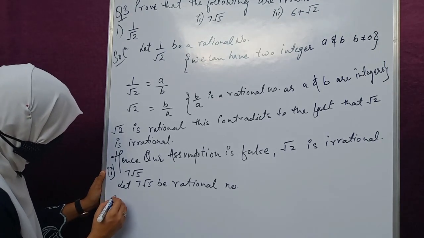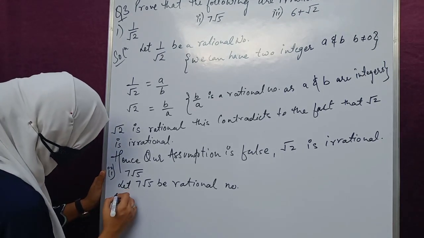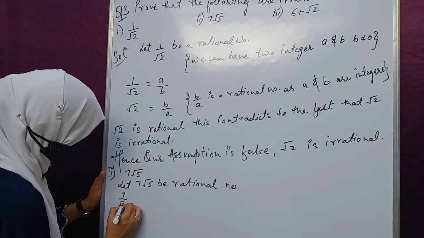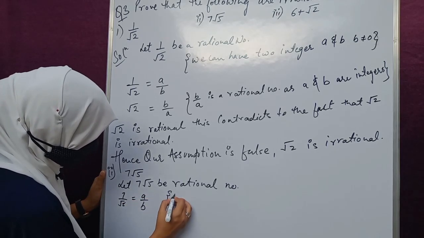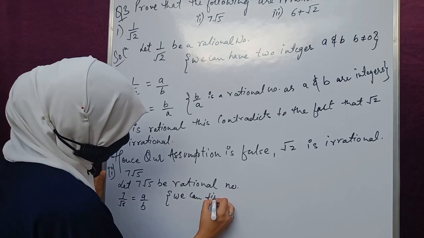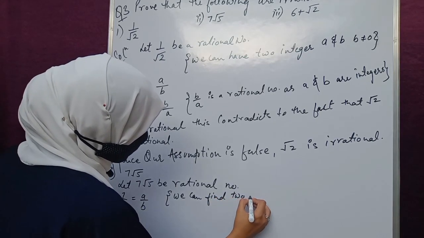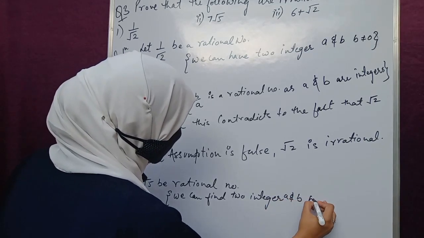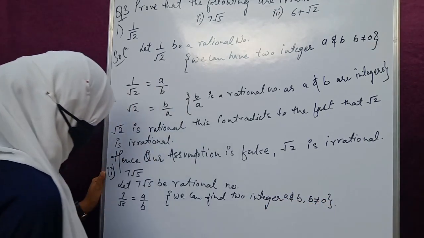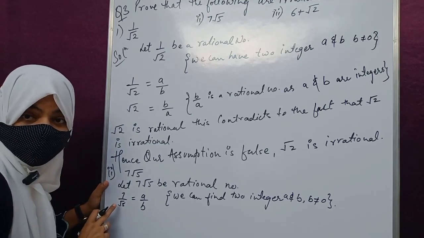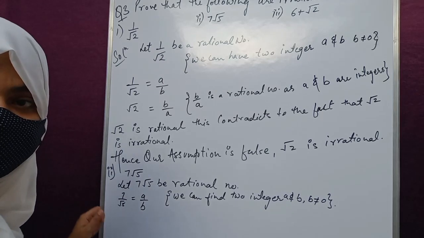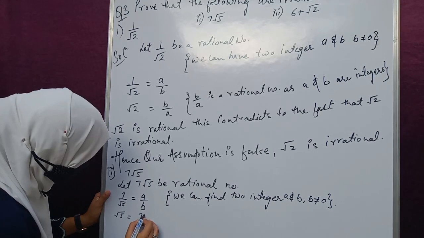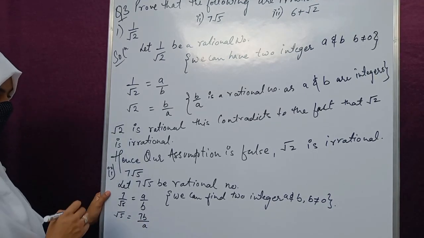Now we can find two integers a and b not equal to 0. I'll make square root 5 the subject over here. I hope it's visible. Yes, it is visible. So when square root 5 becomes the subject, it will be 7b upon a. Okay.